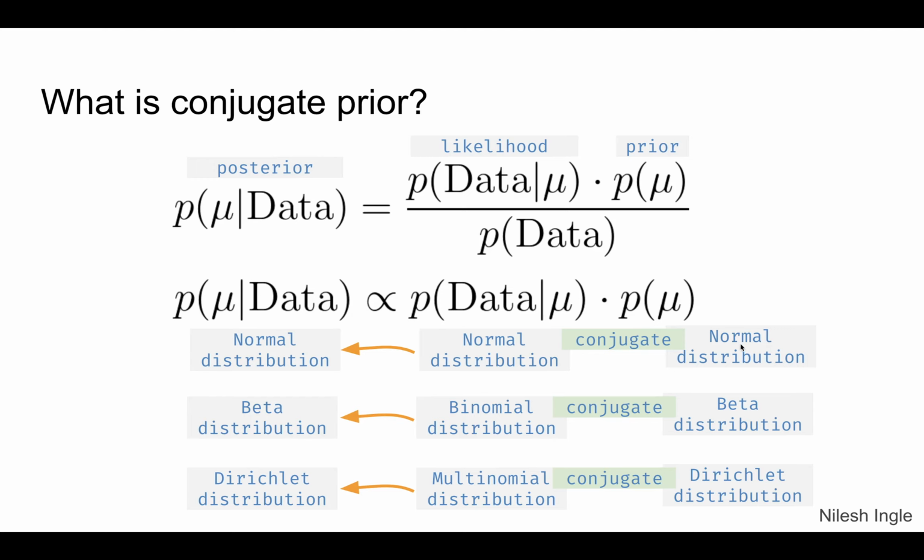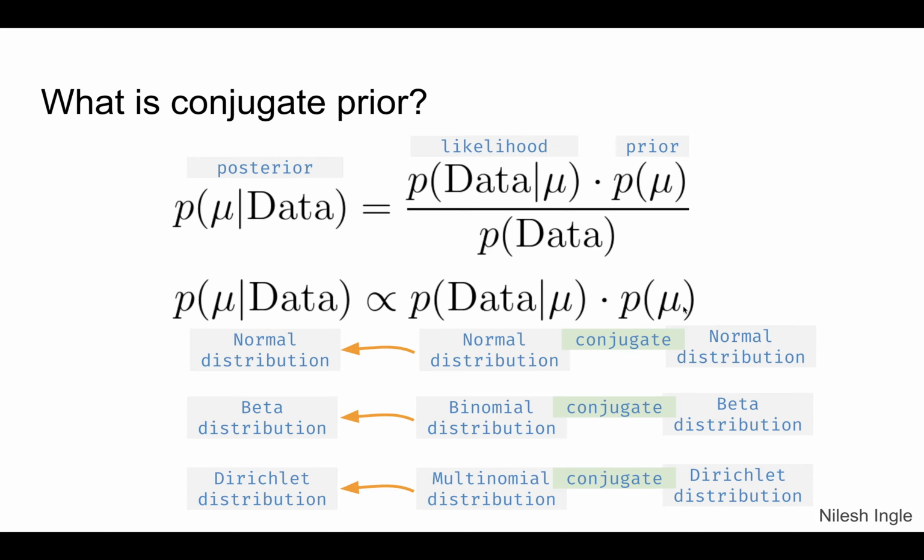And the conjugate pair is between, let's say in this case, the normal, the prior is a conjugate pair of the likelihood if these are normal distributions. And what that does is the output that we get, which is the posterior, is also the same distribution as the prior.